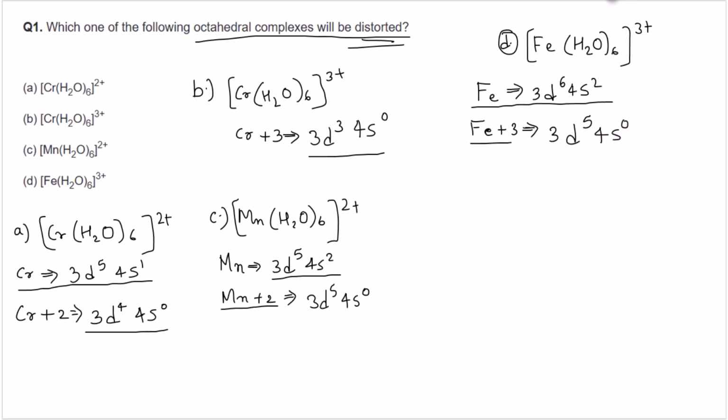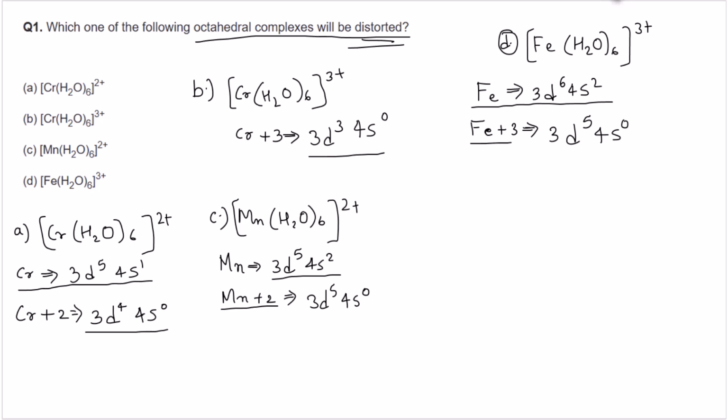From Jahn Teller distortion, we know that distortion from the regular geometry can occur if any of the t2g or eg orbitals are unsymmetrically filled. More distortion occurs when eg orbitals are unsymmetrically filled, because they come in the direct path of the ligands.